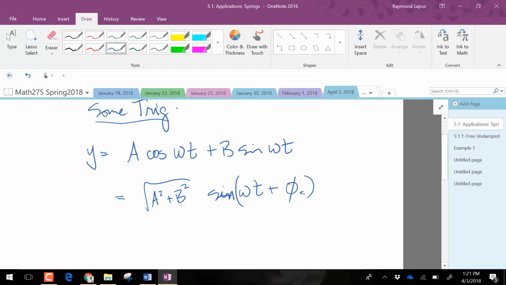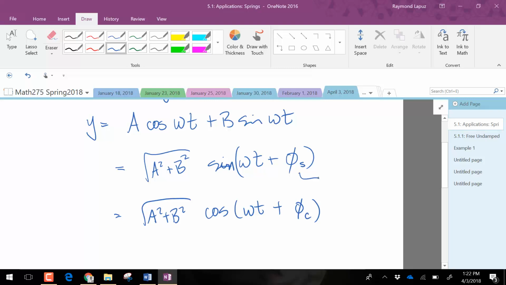So we'll call this sigma sub s for the sine, and then, or that's a phi, I guess. So we just have to figure out what these things are. And these things end up being like inverse tangent or something. Let's say arctan.